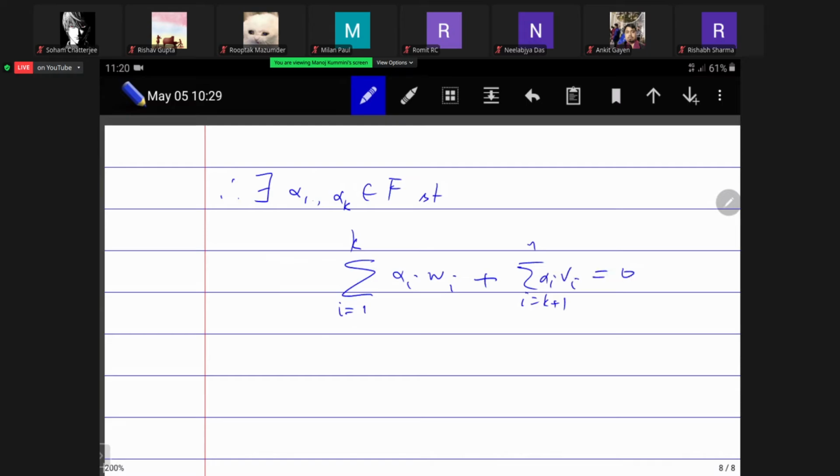So you're expressing an element of W using these vectors. Therefore, that itself can be written in terms of w_1 through w_k. And so then we rearrange terms and we get a relation like this. But this is a basis. So this means that alpha_i is 0 for all i, which is what we wanted to prove.